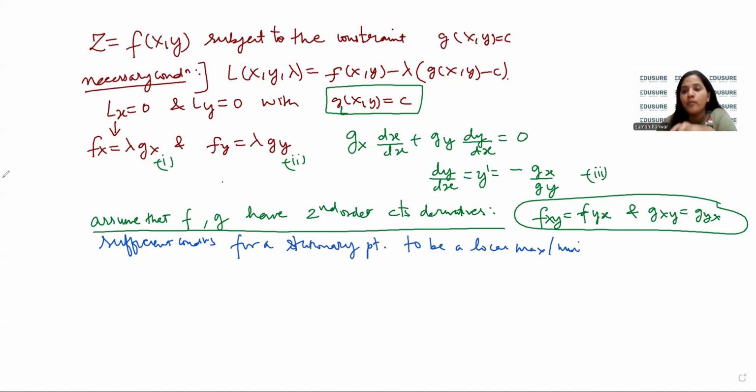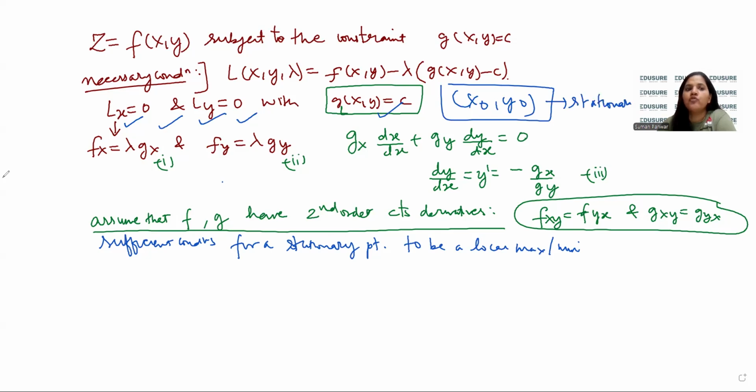The x values obtained are called the stationary points. Here, we put Lx equals 0 and Ly equals 0, and the point (x0, y0) obtained by solving this, this, and this is called the stationary point of this problem, where we have to optimize a function of 2 variables subject to an equality constraint. So basically, this is what is happening.